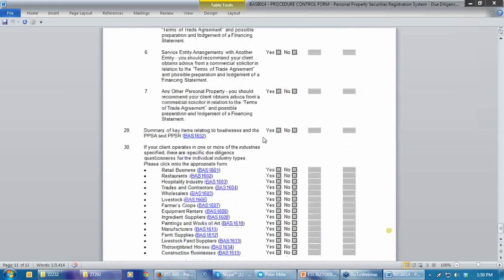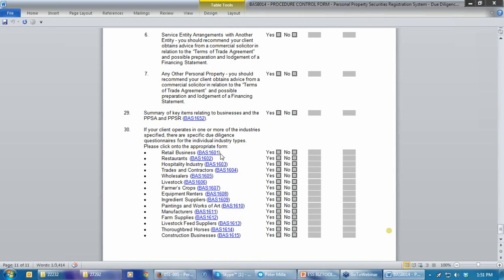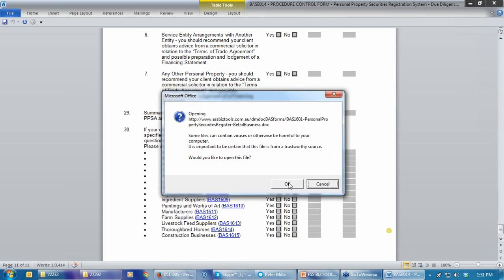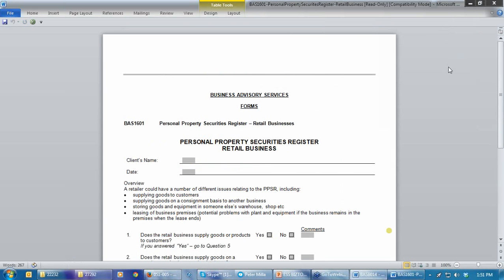We also have some specific forms that are being prepared for individual businesses. There's 17 of them at present. We've got a few more to be added that you might like to use with specific customers.